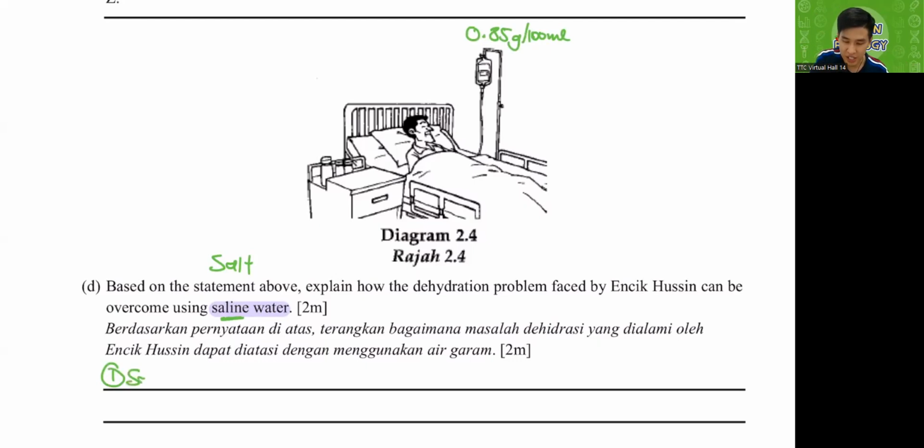So they ask, how can you overcome dehydration? First you can say the saline water is isotonic towards the blood plasma. He is dehydrated, maybe he was lost in the jungle for 2 weeks and never drank water. So his blood has no water and no salt, remember.